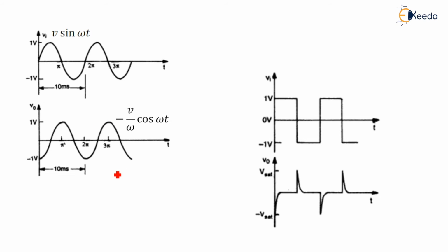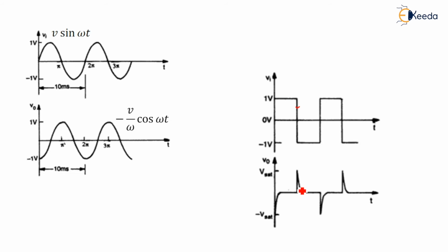At the rising edge we get falling edge spikes, and at the falling edge we get rising spikes, because there is a 180-degree phase shift between the input and output. This minus sign indicates this. If the input is positive, then the output is negative.